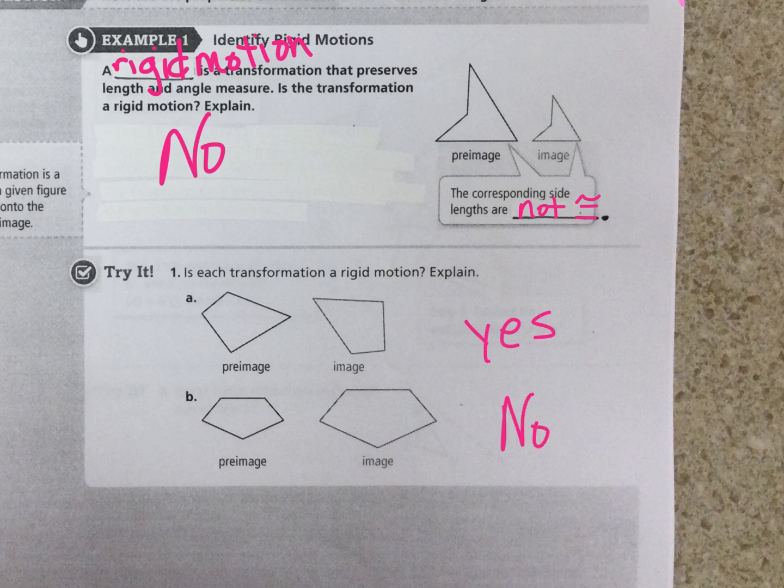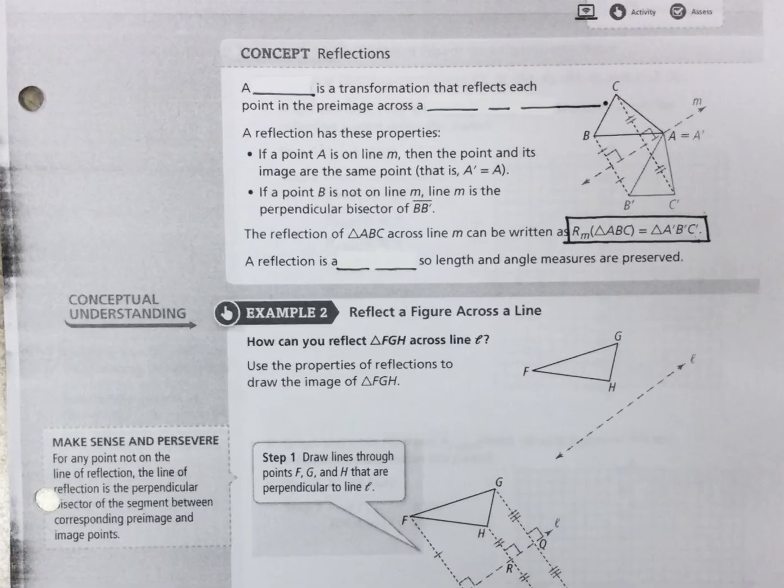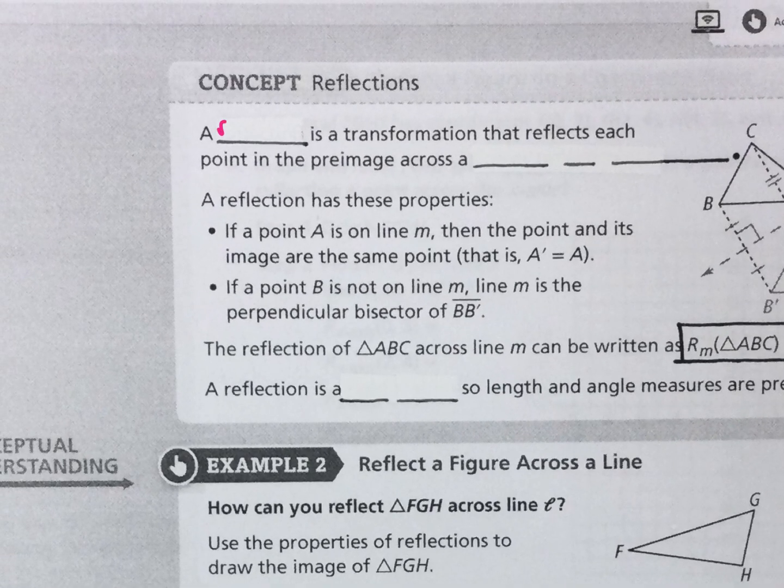All right, so page 2. A reflection is a transformation that reflects each point in the preimage across a line of reflection.